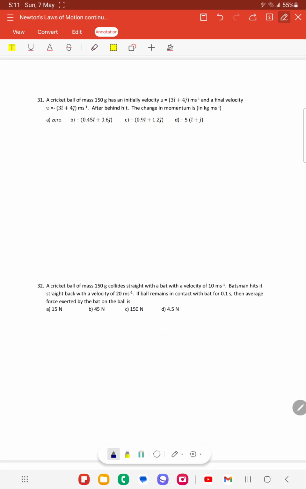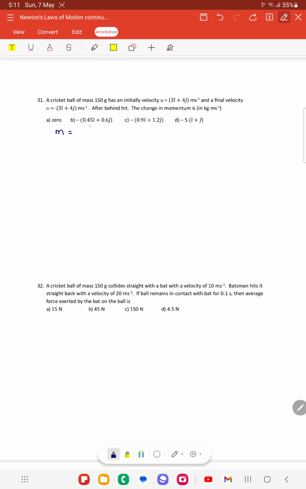Question number 31. A cricket ball of mass 150 gram has initial velocity u equal to 3 i cap plus 4 j cap meter per second, and the final velocity v is minus 3 i cap plus 4 j cap meter per second. After being hit, we have to find the change in the momentum.